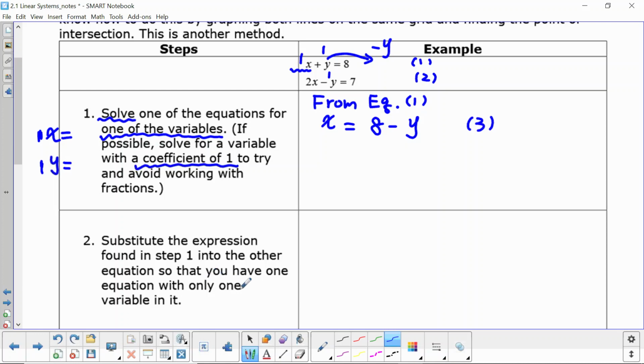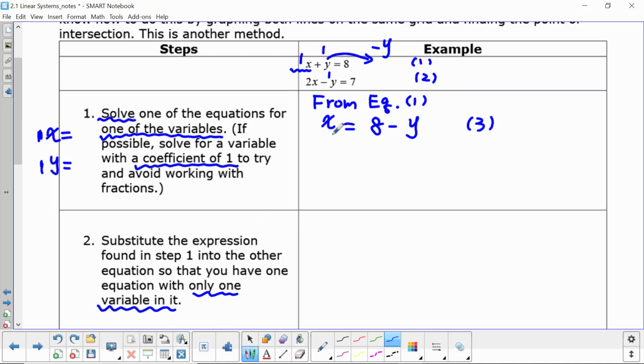The purpose is that you will have one equation with only one variable. You could have two y's but no x. You could have more than one term, but you have only one letter instead of two different letters.